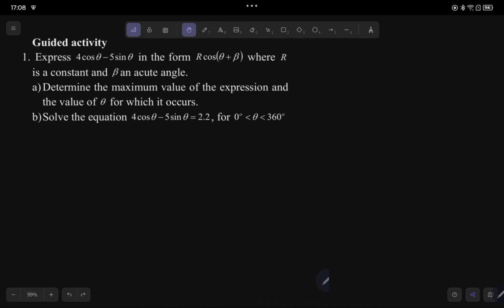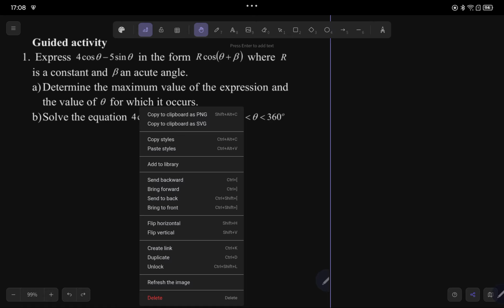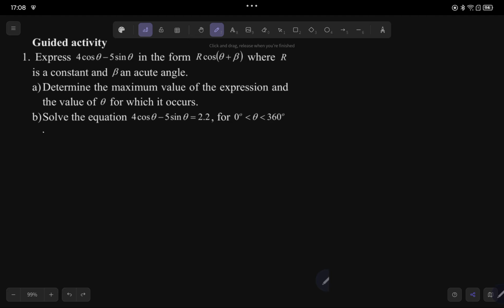Question number 1. They are saying express 4 cos theta minus 5 sin theta in the form r cos(theta plus beta). Why am I using those symbols? Those are equivalence signs.